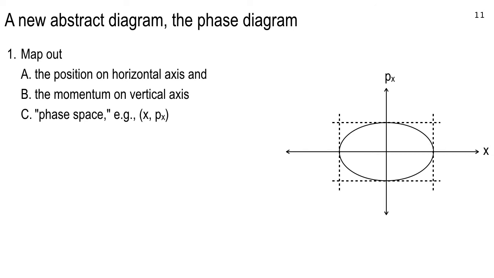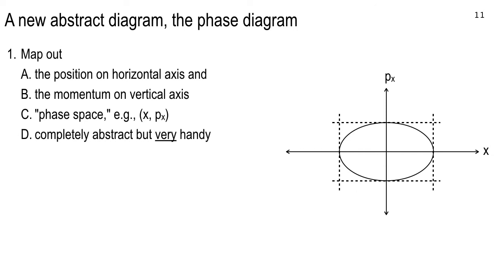You can make a diagram of a dynamical system, but now you're graphing momentum on a vertical axis. So this is p subscript x, the x component of the momentum, whatever it happens to be, and the x coordinate, whatever that happens to be. So if you know both of those, you know a whole lot about that system. You figure out forces, accelerations, all kinds of stuff.